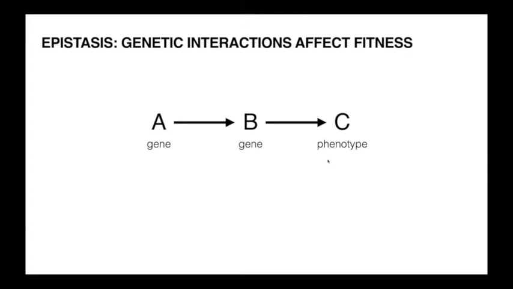So there's a pathway of gene A, gene B together produce phenotype C, and you can mutate A or B and see different consequences for the phenotype as you do different types of genetic manipulations.